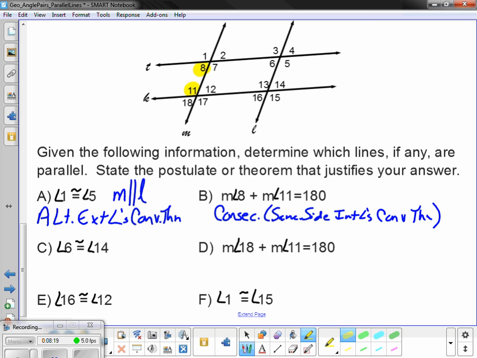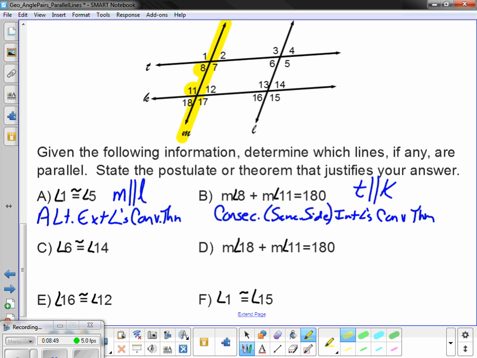The question is, are 8 and 11 same side or consecutive interior angles? Well, what line connects those 2 angles together? That would be M. M connects them, so M's the transversal. 8 and 11 are on 2 different lines. So that would mean T is parallel to K.